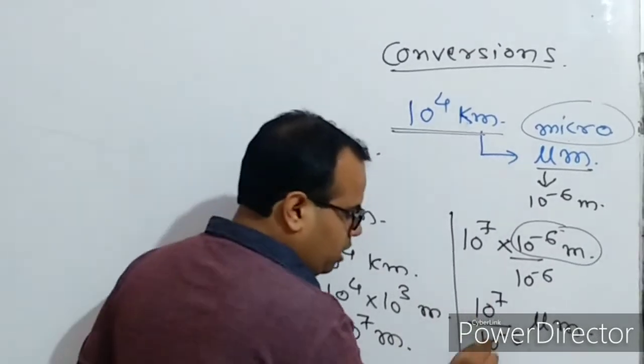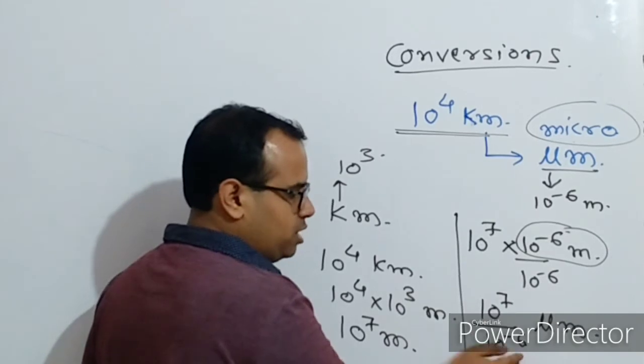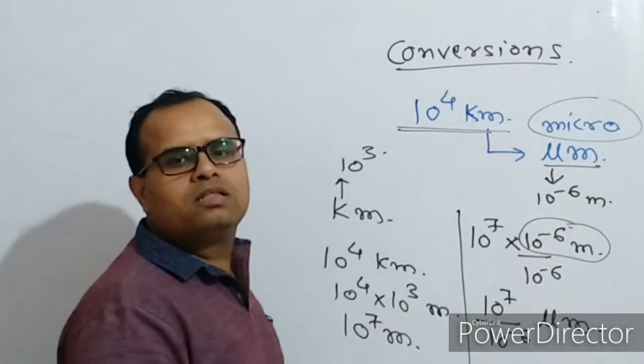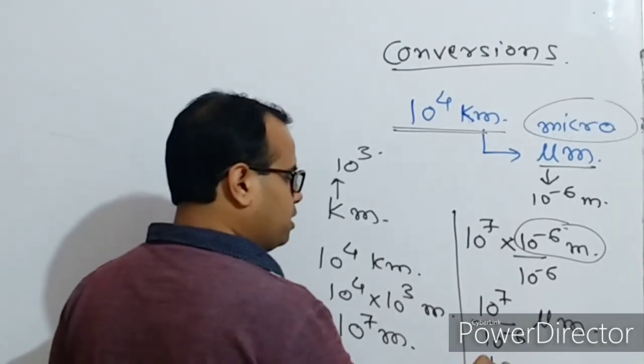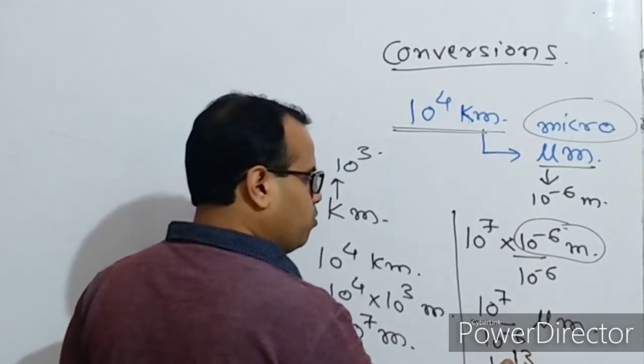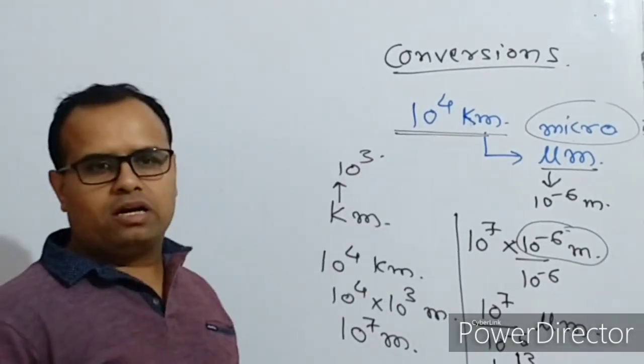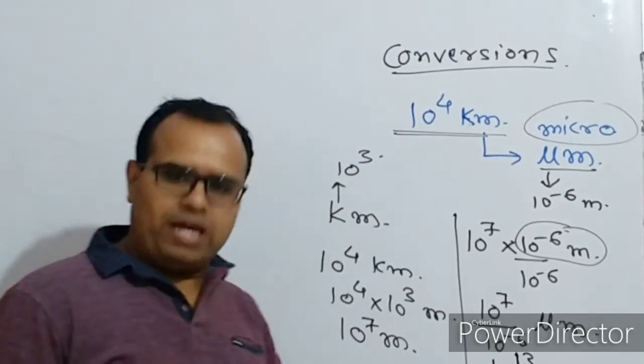In the denominator it is 10 raised to the power minus 6; when we take it up, this will be 7 plus 6, that is 10 raised to the power 13 micrometer. So 10 raised to the power 4 kilometer is equal to 10 raised to the power 13 micrometer.